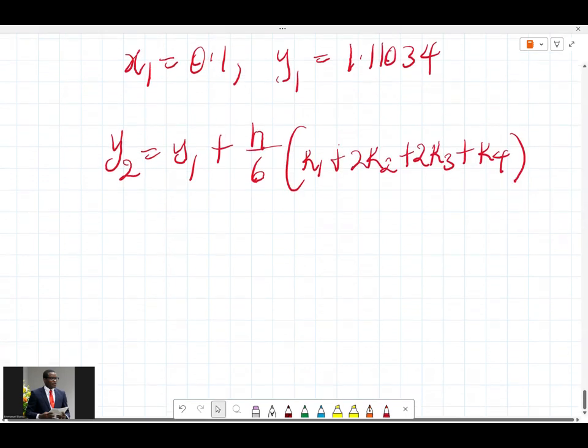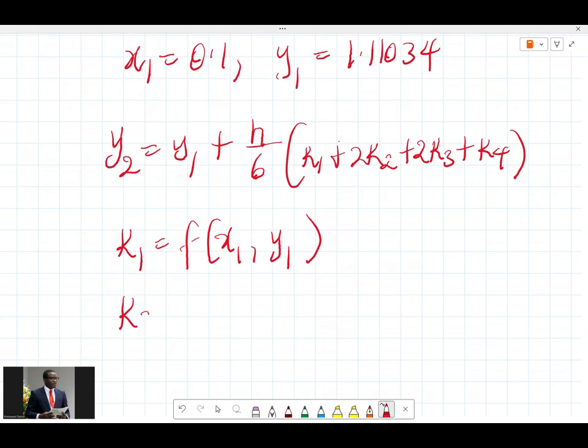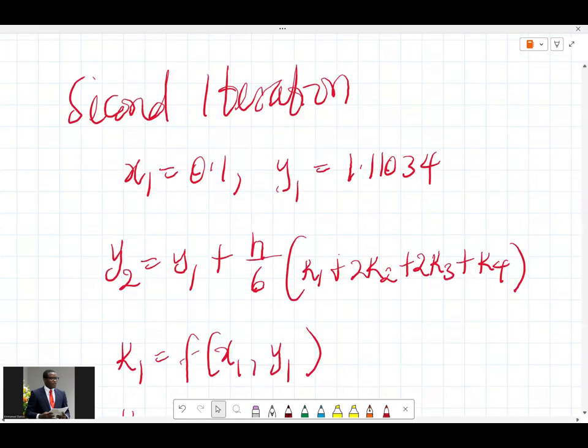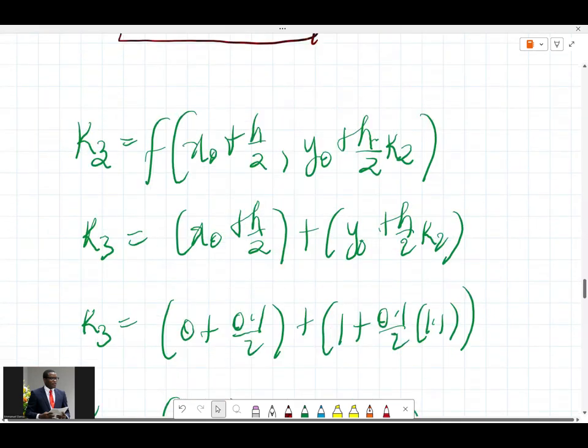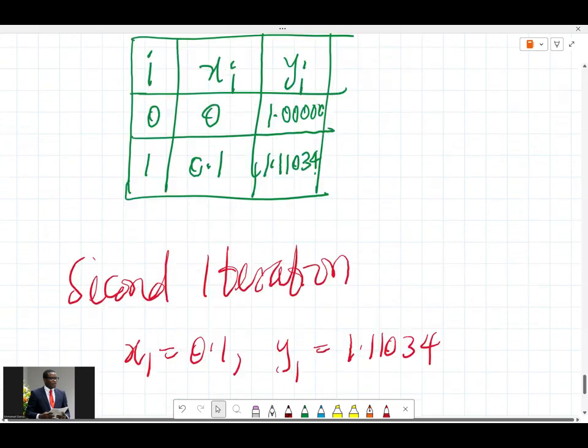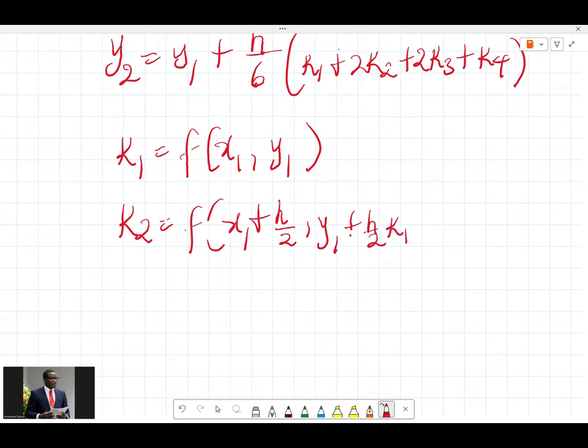And this time around, k1 is going to be f of x1, comma y1 again. So k2 is going to be f of x1 plus h over 2, then y1 plus h over 2 times k1.